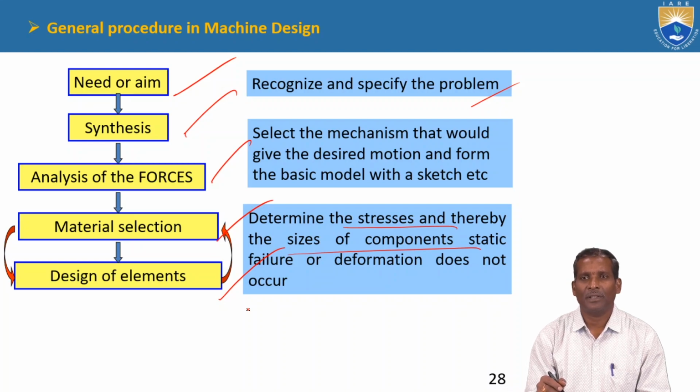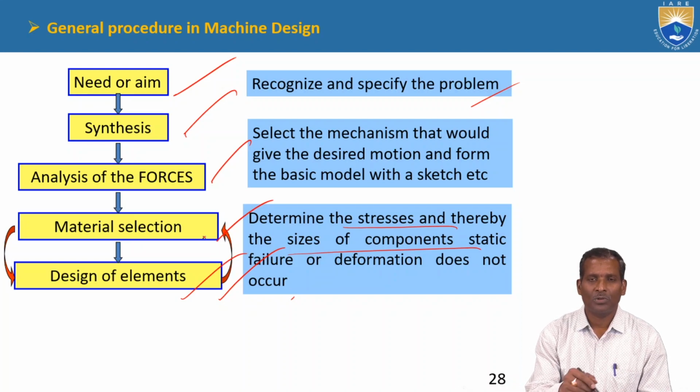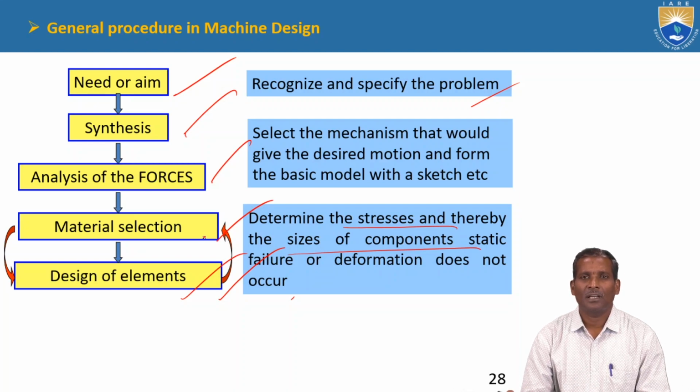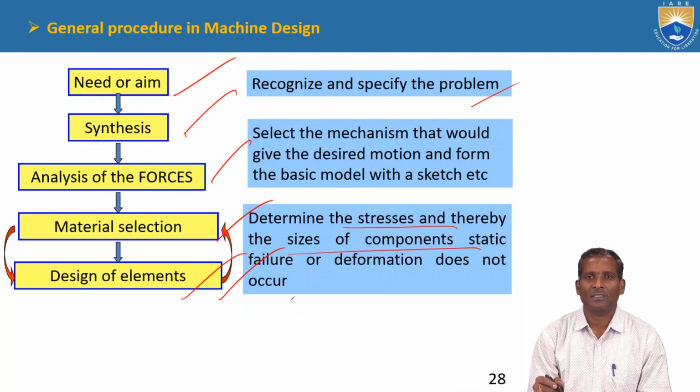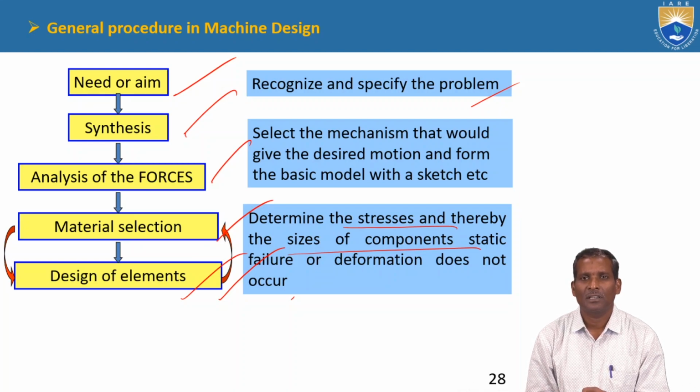If your design criteria are not satisfied while doing this design of elements, go to the previous step, material selection, modify your material, and then calculate the stresses and all the remaining dimensions, and then fix it.